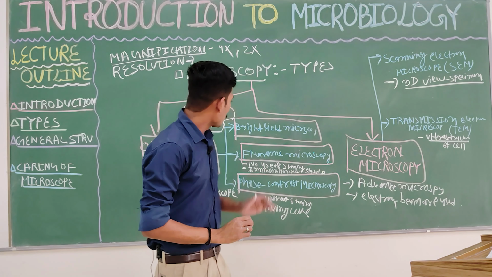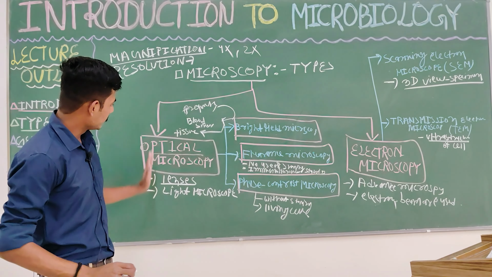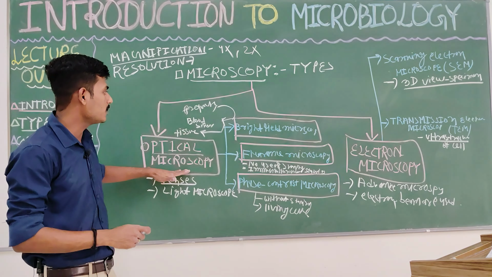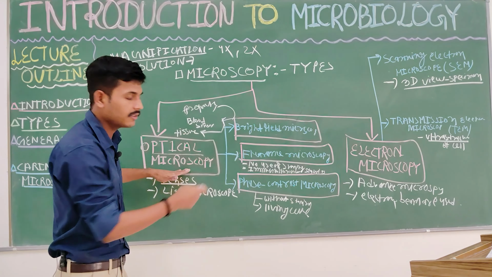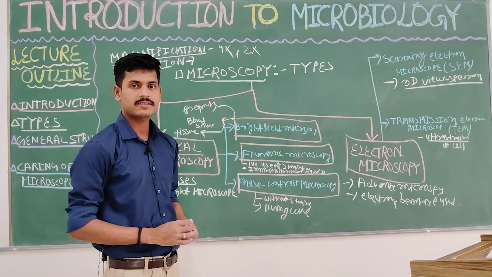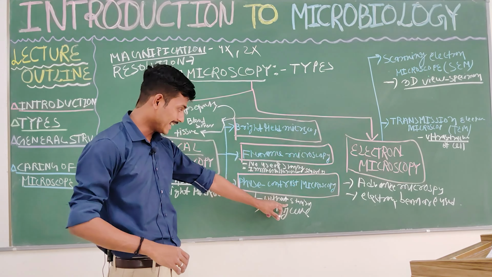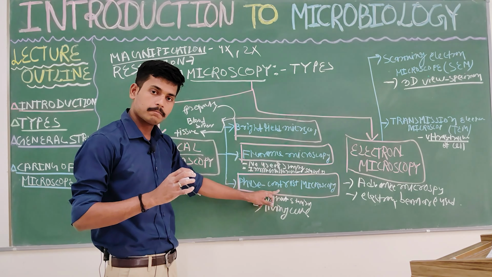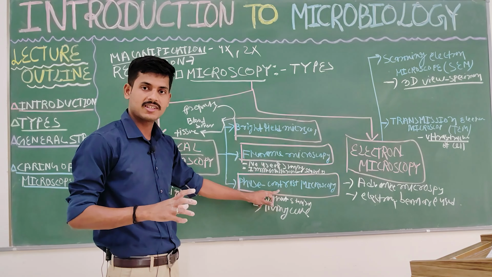Now, see, we have seen that in the optical microscope, sometimes we have to stain the specimen, or sometimes, like in the case of phase contrast microscopy, we don't need to stain. Rather, there is a change in the contrast of the specimen.